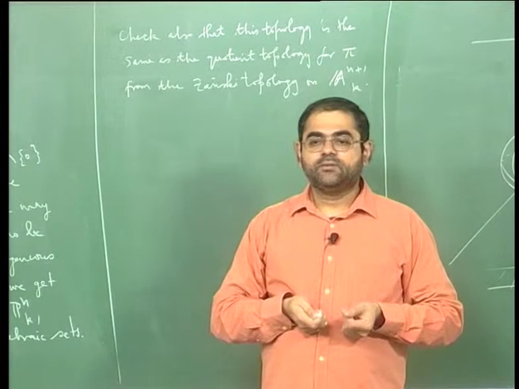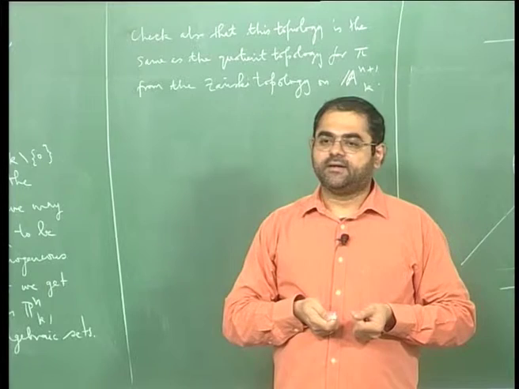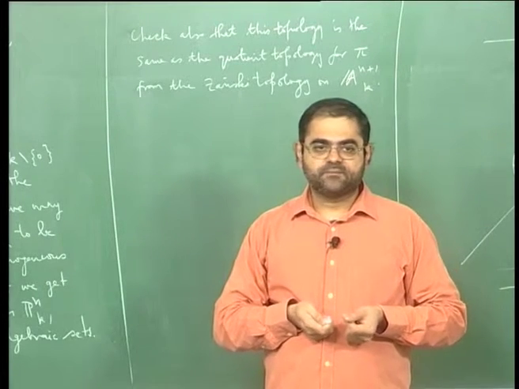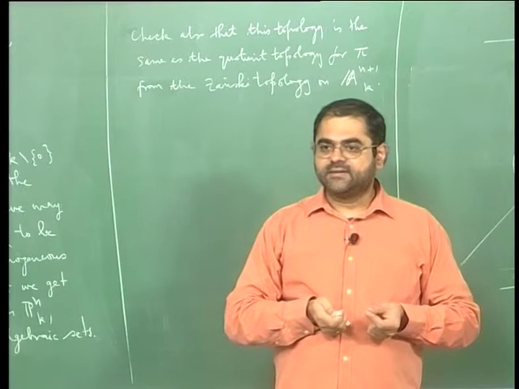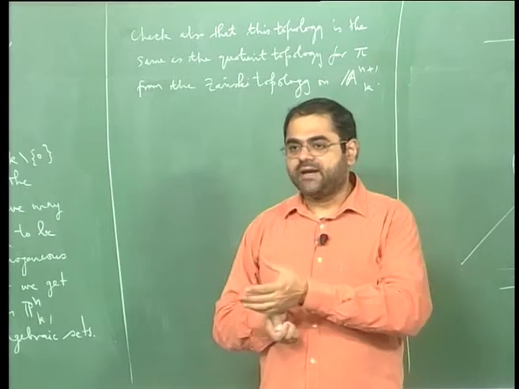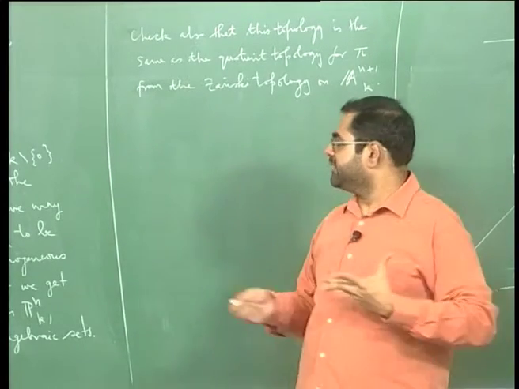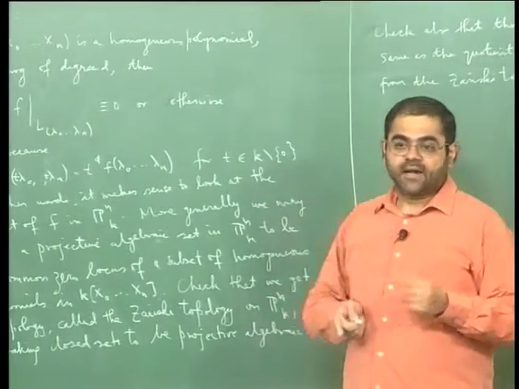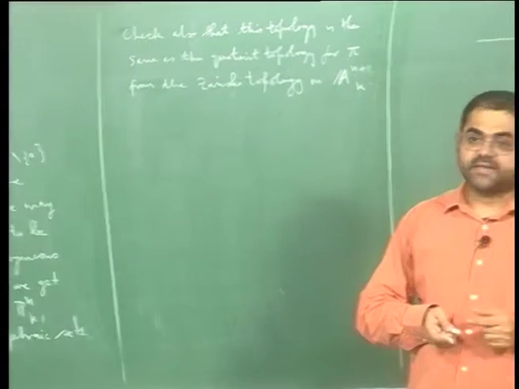And now a lot of statements that we know for the usual affine space will carry over for projective space. The only thing is, for example, in the affine case you deal with general ideals and general polynomials. In the projective space you will deal only with homogeneous polynomials, and with ideals generated by homogeneous polynomials, and these are special, they are called homogeneous ideals.